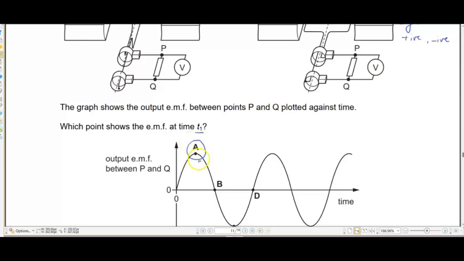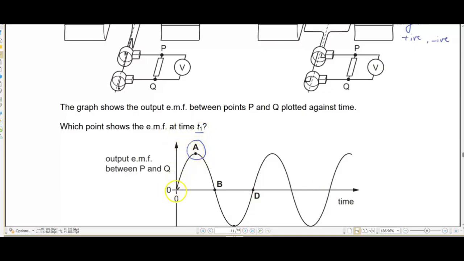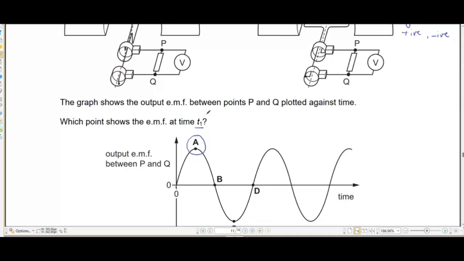The maximum EMF that is being attained. Then again when it becomes vertical, it is going to be at B, and when it becomes horizontal again, it's going to be C, and so on. So at time t1 the EMF would be maximum. If we start from this and take it to be 0, A is going to be the point where it is maximum at t1. Okay.